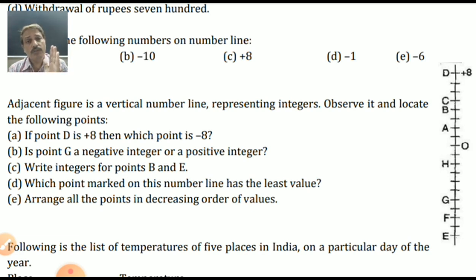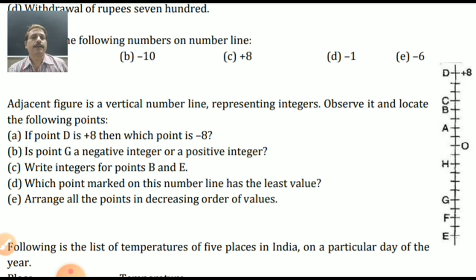So don't misunderstand these things. It is possible. See, points are written A, B, C, D, E, F, G, H, and numbers are written 0, then after plus 8. That means you can just count one by one, 1, 2, 3, 4, 5, 6, 7, 8. On the upside positive, downside negative. Yes, my dear students, according to this we can find out fatafat.